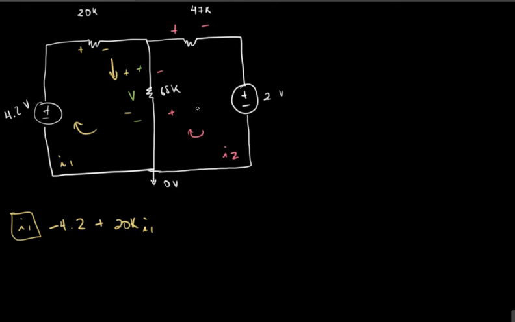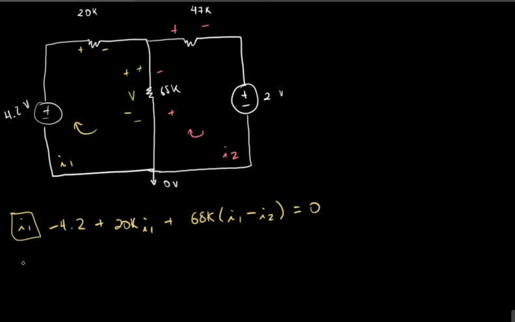But the current I2, because this is being shared between the two meshes, is going against my reference, which means I'm going to denote that as plus 68K times I1, and then the one going against my reference is I2, which is going to be minus. And all of that equals 0 because I finished my loop, my mesh.